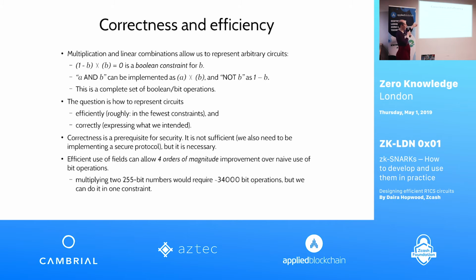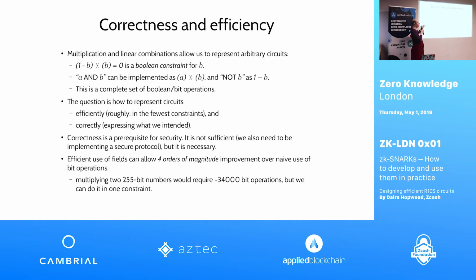You probably know from complexity theory that AND and NOT are complete for Boolean circuits. So just using those two operations, you can express any Boolean circuit. But that doesn't tell us how to do it efficiently, because we already said that just converting everything to Booleans, as you would when you're doing, say, an FPGA implementation or something, would be a very inefficient way of doing it.